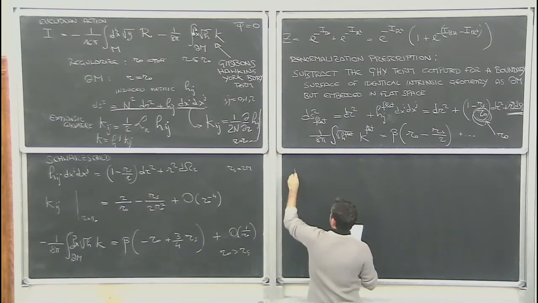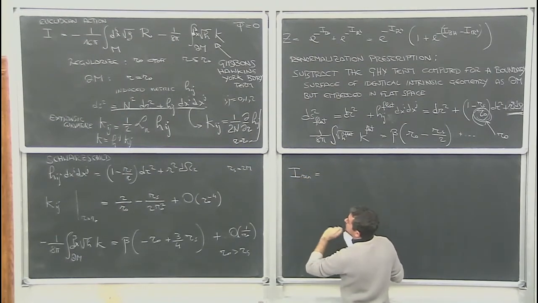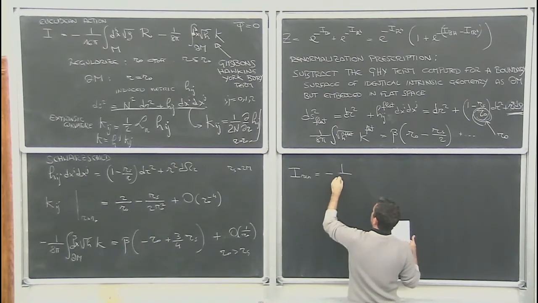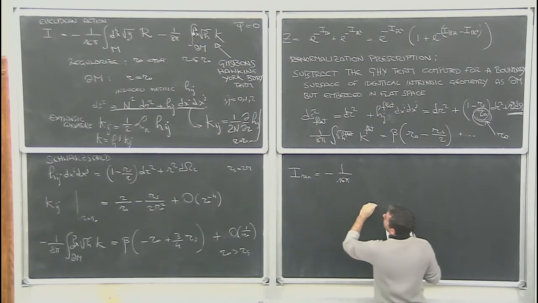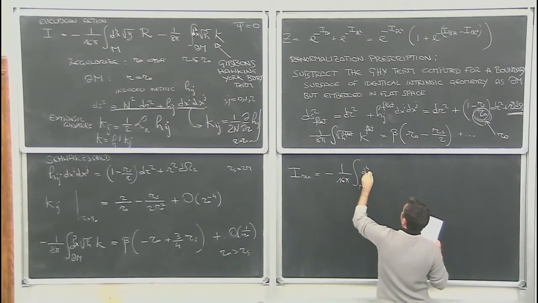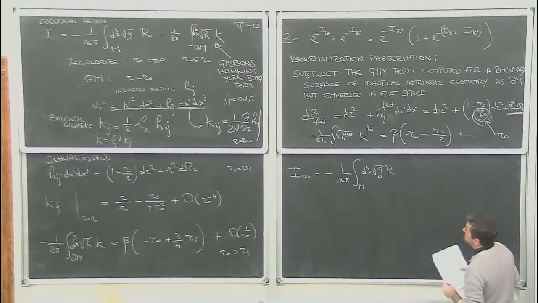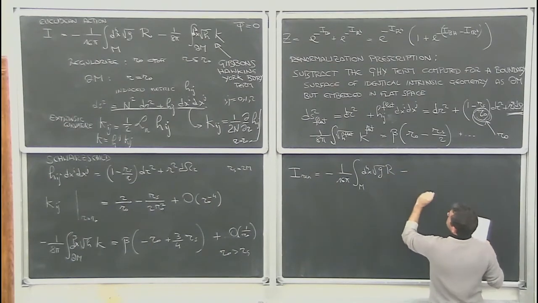So the final answer is the renormalized action. Just to be even more explicit, it is minus 1 over 16 pi, the integral over M d^4x square root of g R, which does not give any contribution, but it's there.